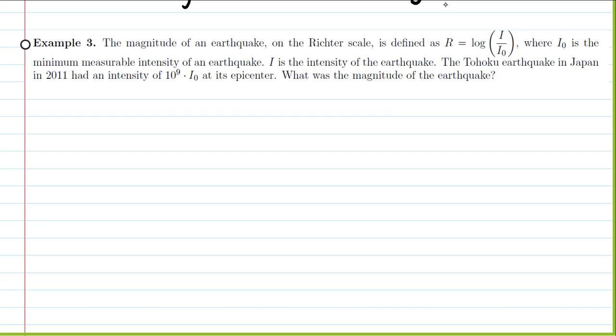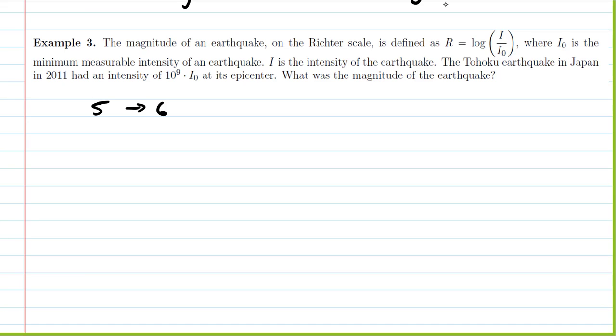So before we answer the question, let's talk a little bit about what the Richter scale does. This is actually fairly common for a lot of different scales in science, pH, and other things. We notice that the Richter scale is defined in terms of a logarithm. So if I have a magnitude 5 earthquake, and it changes to a magnitude 6, how many times more intense is that earthquake going to be?